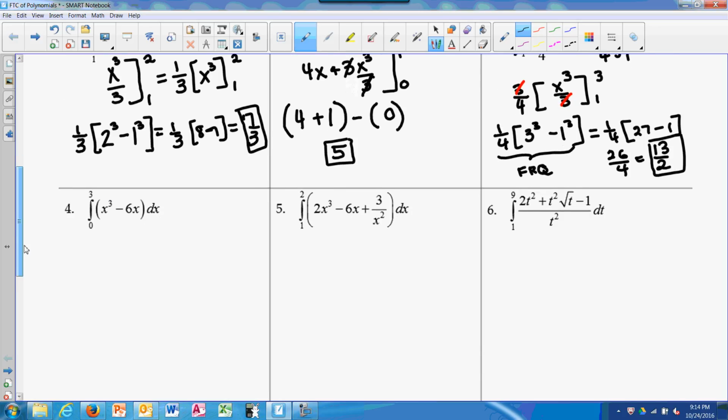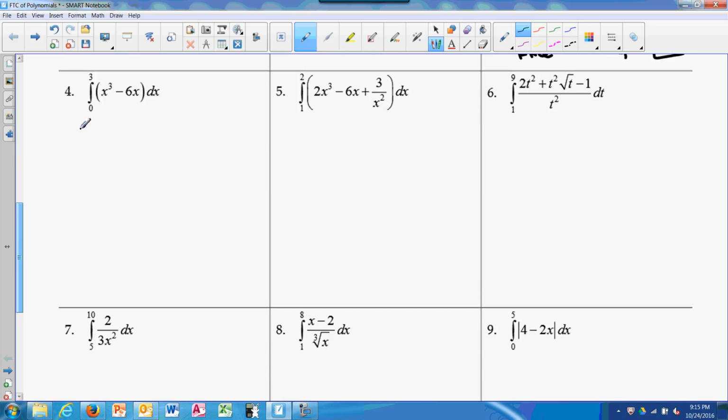Okay, so continuing to practice. We antiderive x cubed to get x to the 4th over 4. Minus 6, then we have x becomes x squared over 2. And instead of the plus c, we indicate our definite integral interval. So I can simplify.